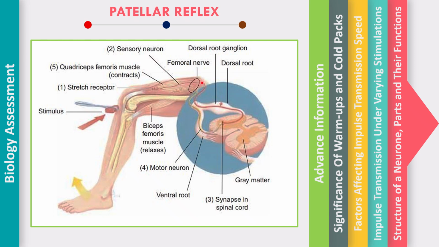It will go to the dorsal root ganglion, then to the relay neuron in the gray matter here, then from there very fast synapses in the spinal cord, and it comes back through the motor neuron. Then the motor neuron takes it to the muscles.